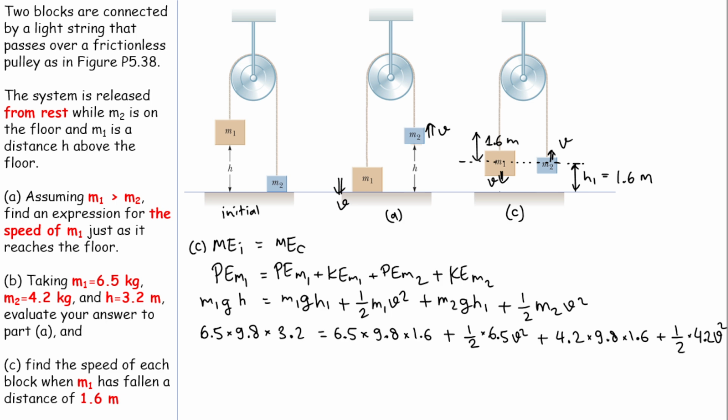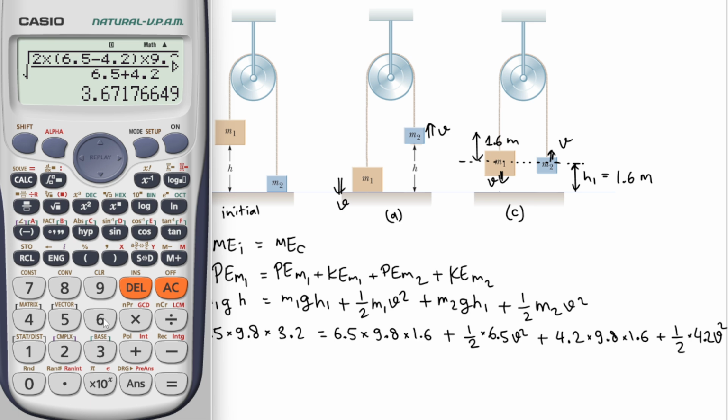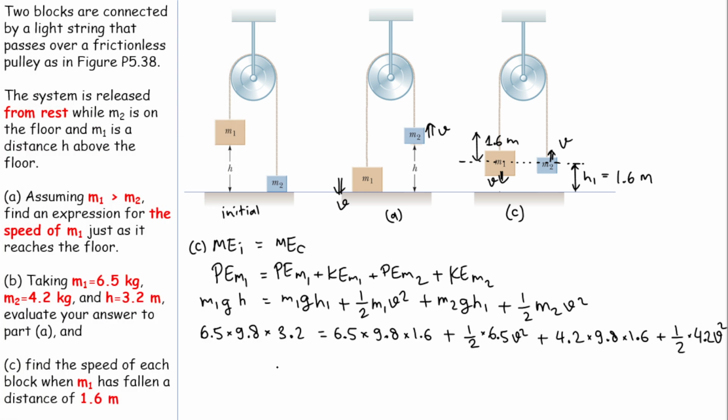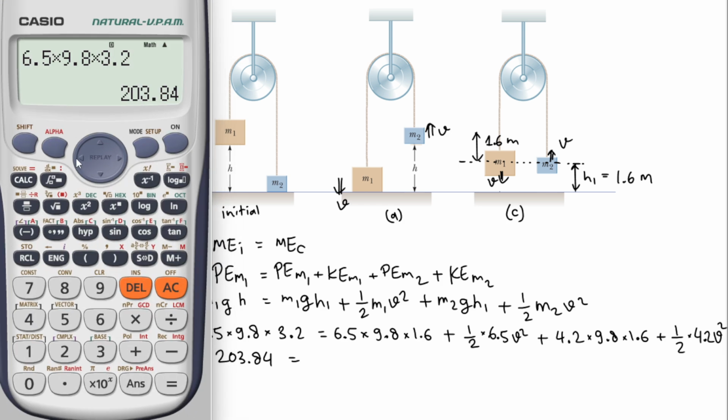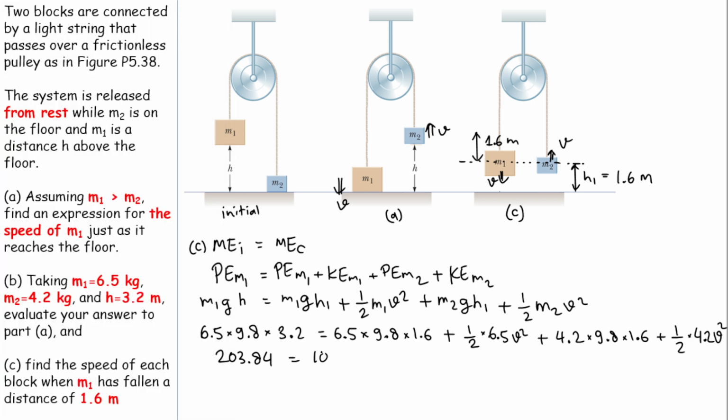Good. Now let's calculate the numerical values. So we have 6.5 times 9.8 times 3.2. Okay, we'll have 203.84. And then this one here, with 1.6, we'll have 101.92.